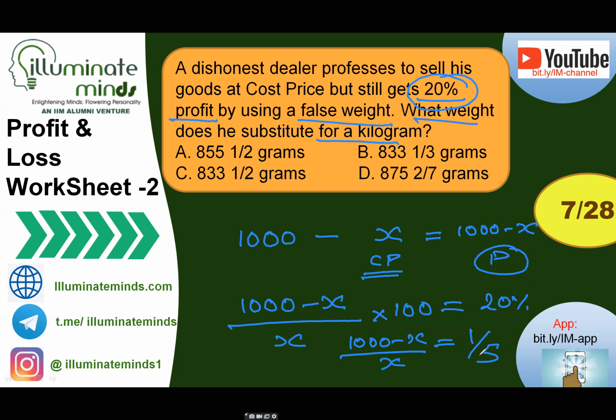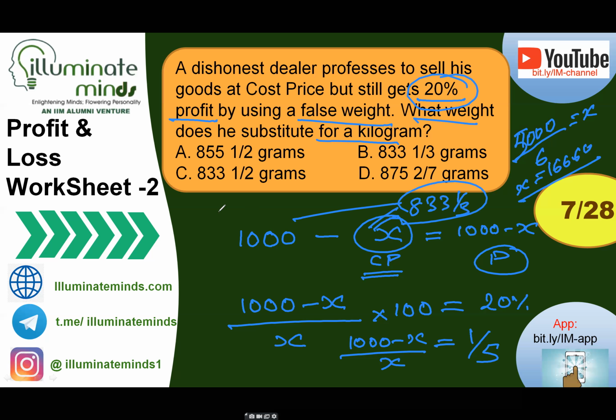1 by 5 means how much? That will be 5000 minus 5x plus x, so 5000 by 6 is equal to x, which is 833.33.